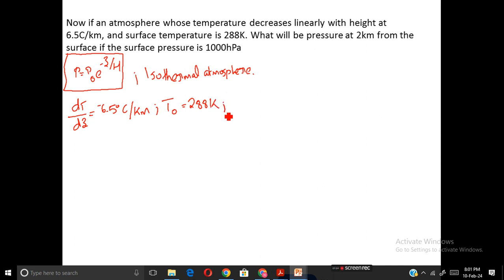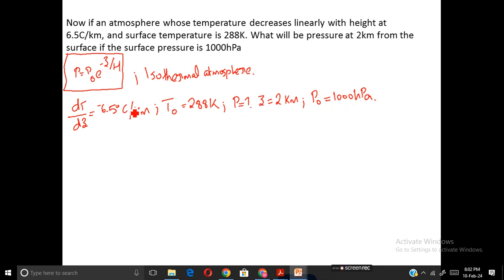Again, we want to find the pressure at a height of 2 kilometer and P0 is equal to 1000 hectopascal.